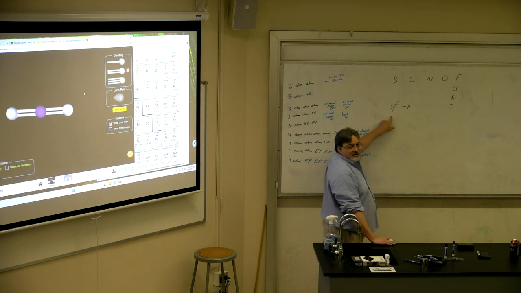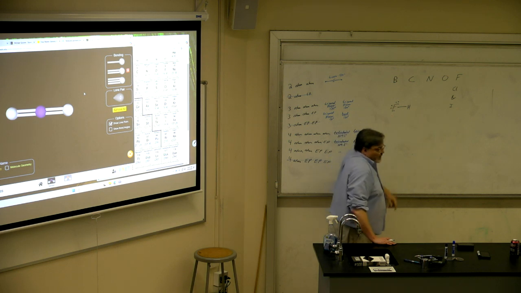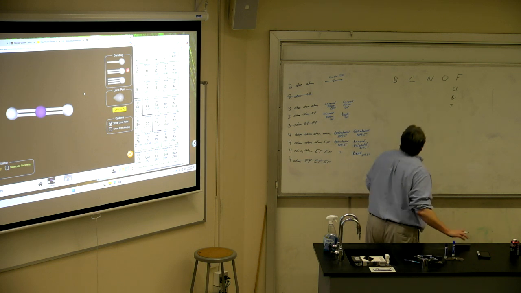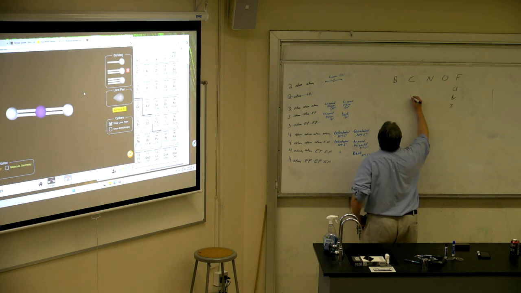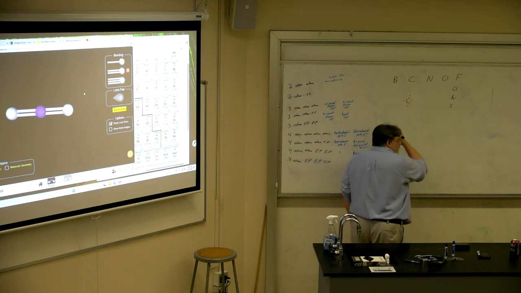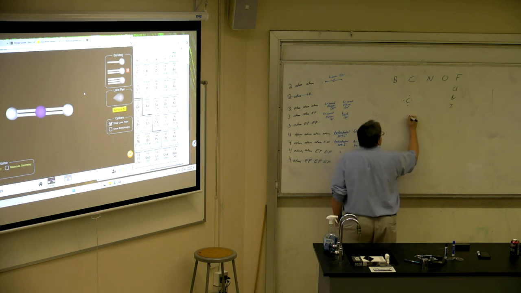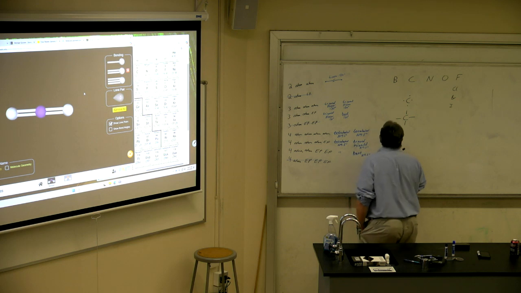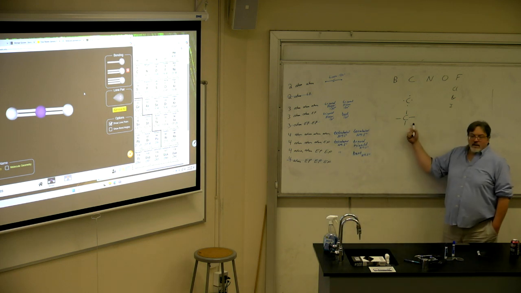But no one ever asks you about these either. The ones to know, really the ones that I've approached here, carbon. So carbon, and then here's its Lewis structure. You can have carbon connected to 4 different things. What would it be if it's like this?